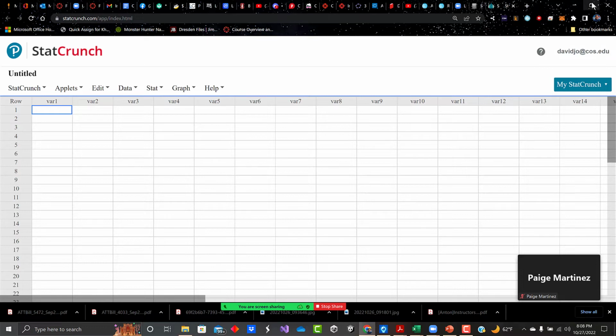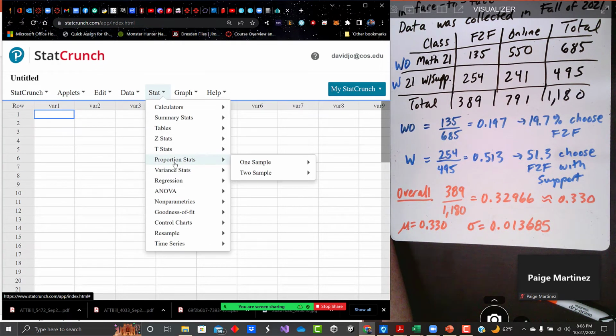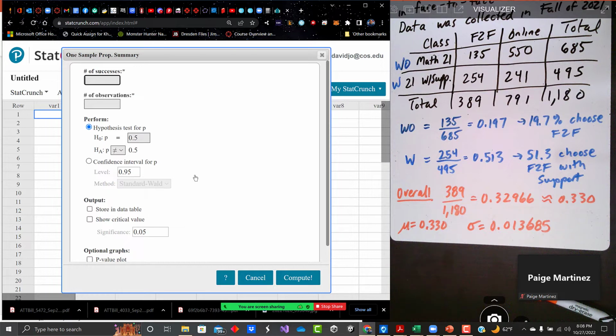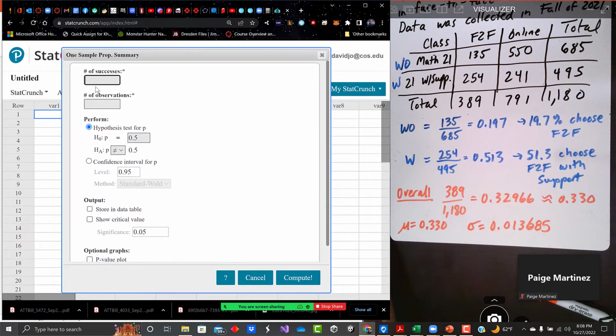Okay, let's shrink that back down. So we're going to go stats, proportion stats, one sample, and we have summary data. Let's just do the 389 and the 1180.